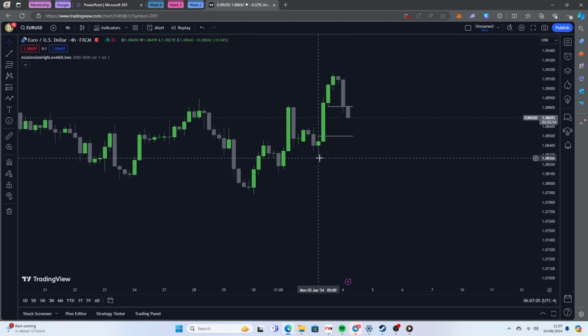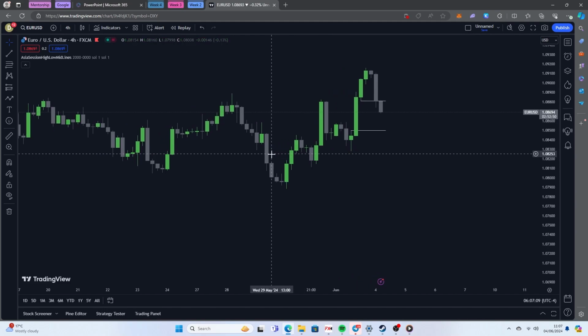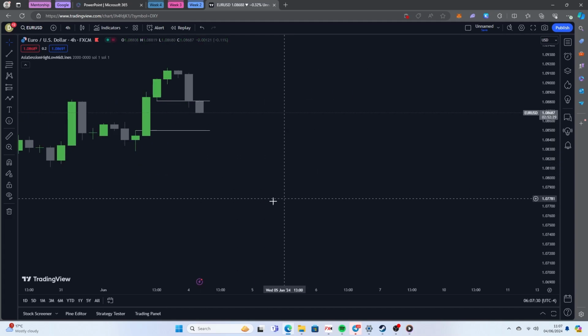It is likely that we are seeking liquidity. Same way for here. Price cut through this and went higher. We disrespected this. That's how you can tell if we are bullish or bearish. You see how price, let's ignore this for a minute, comes down and moves up. That respected this fair value gap.